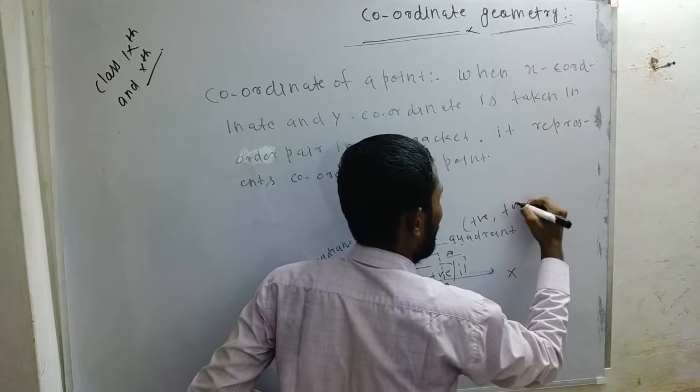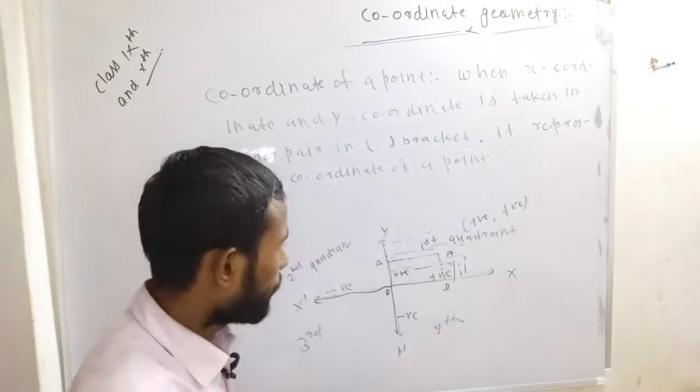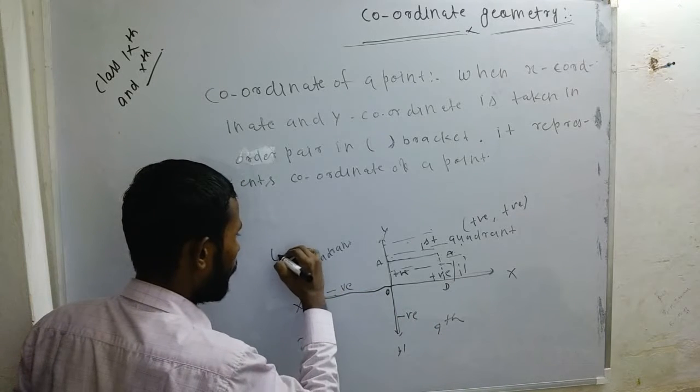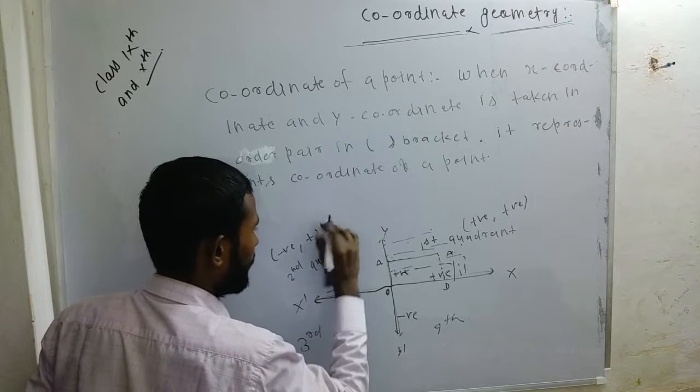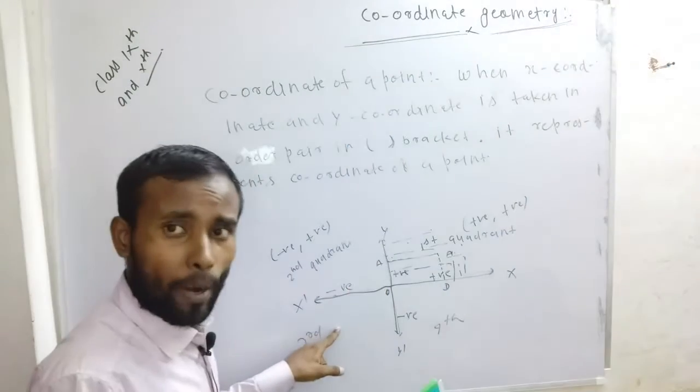So we write positive, positive lies in the first quadrant, while negative, positive lies in the second quadrant.